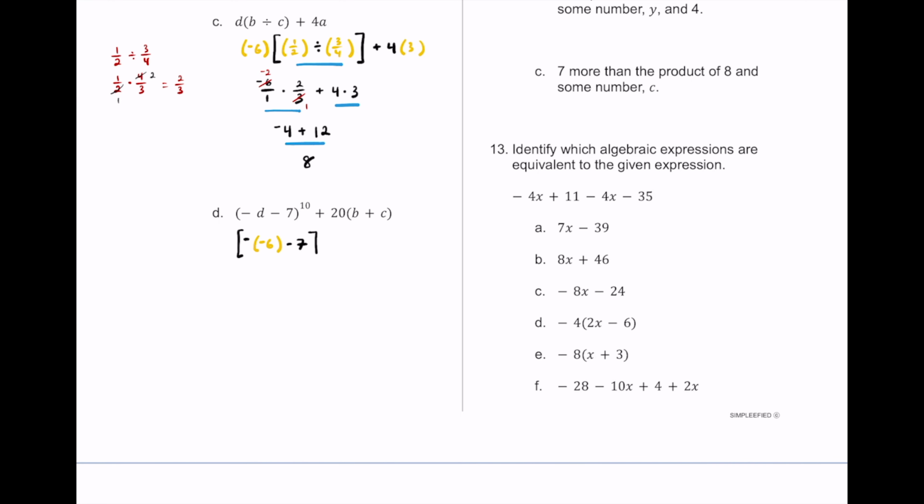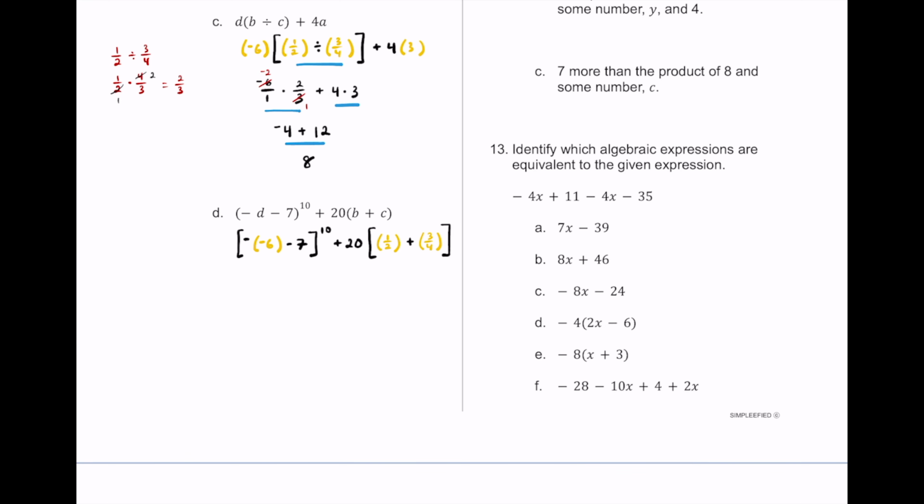And this whole thing is going to be raised to the 10th power. Then we have plus 20 times, let's use brackets again because we're going to make a substitution. B is 1/2, so let's use parentheses to substitute that in, plus C, and C is 3/4, so let's put in 3/4 for C. So we're adding these two fractions.